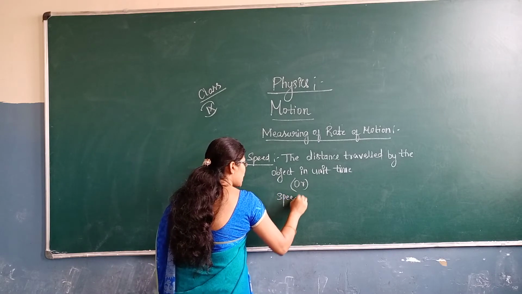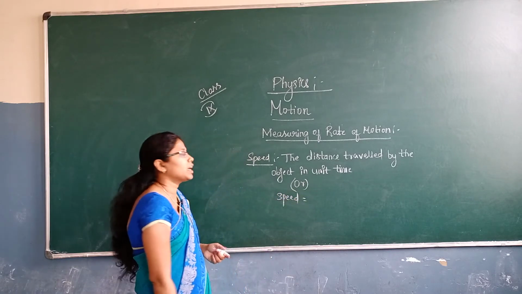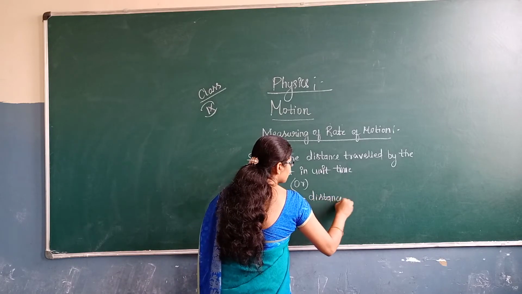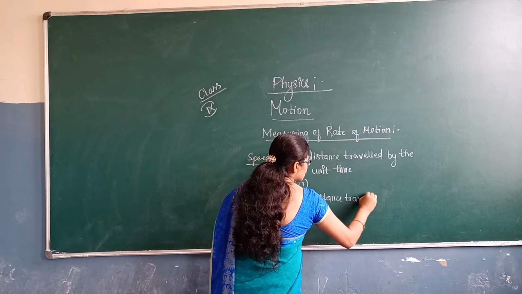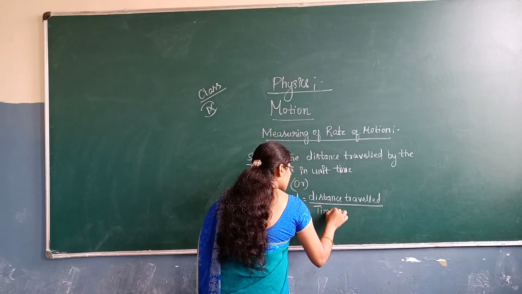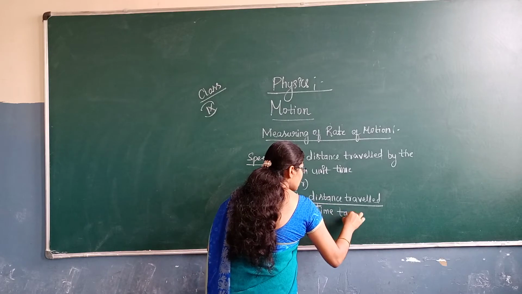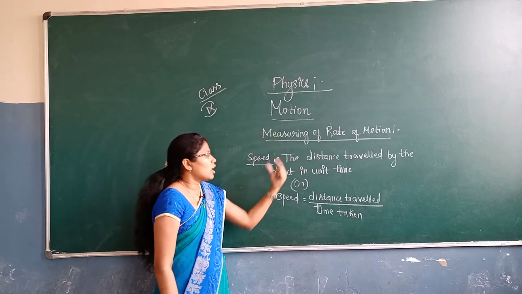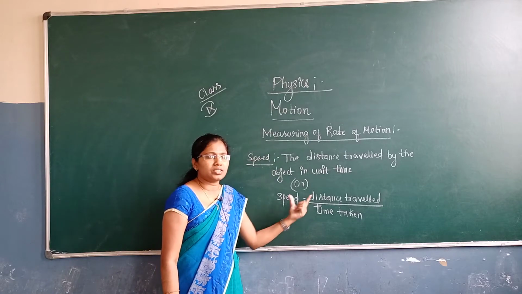There is another way we define speed: speed is equal to distance traveled by time taken. So we can define speed in this way, or in this way.